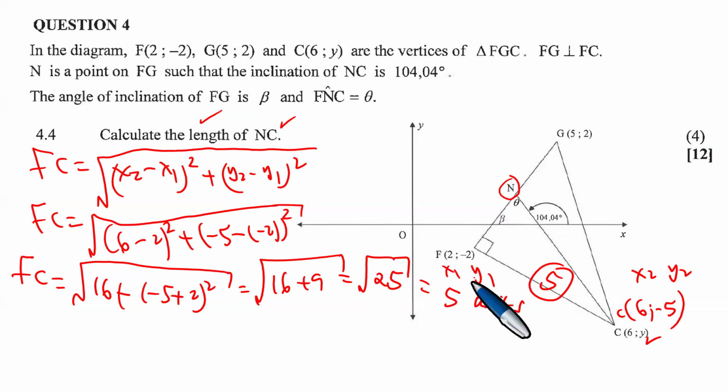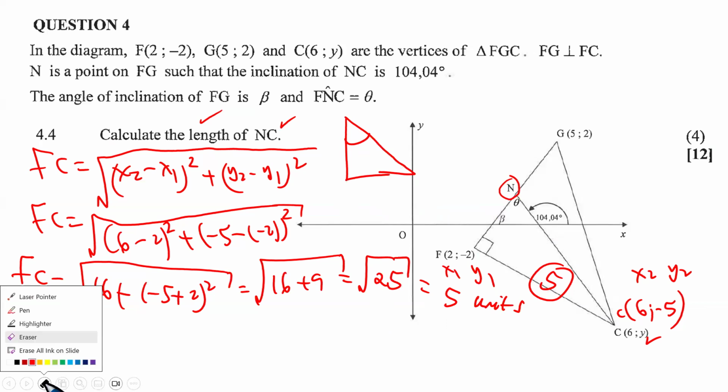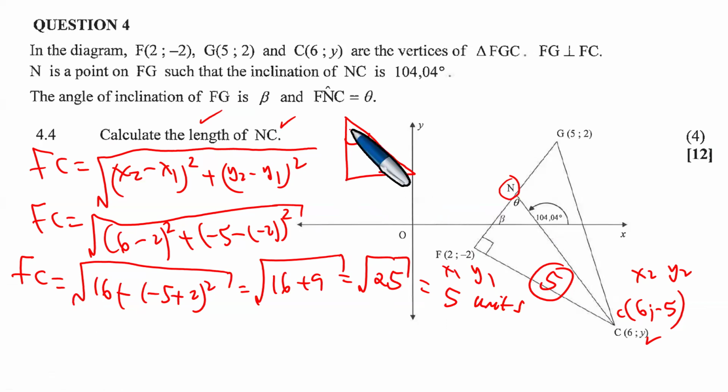If FC is 5, then we can go back to grade 10 and say, Mr. Examiner, we know what to do, because this one is the angle theta that sits at the top.